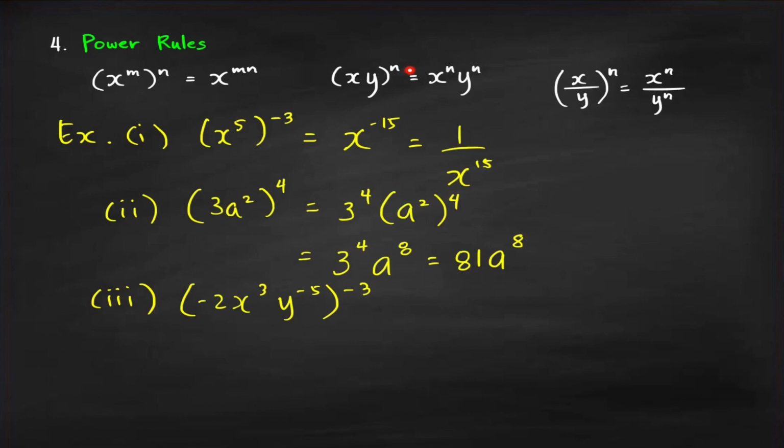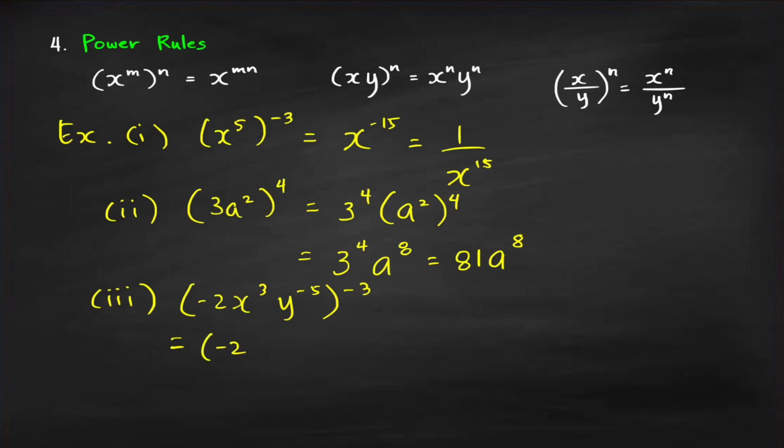The only thing that you need here is to distribute the power to each factor. So in this third problem, we have here three factors. Factors are -2, x cubed, and y raised to -5. So using this second power rule, we need to distribute the power -3 to each factor.